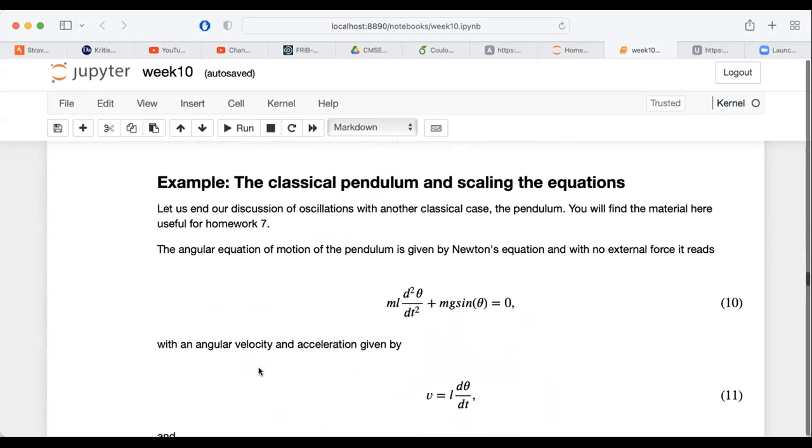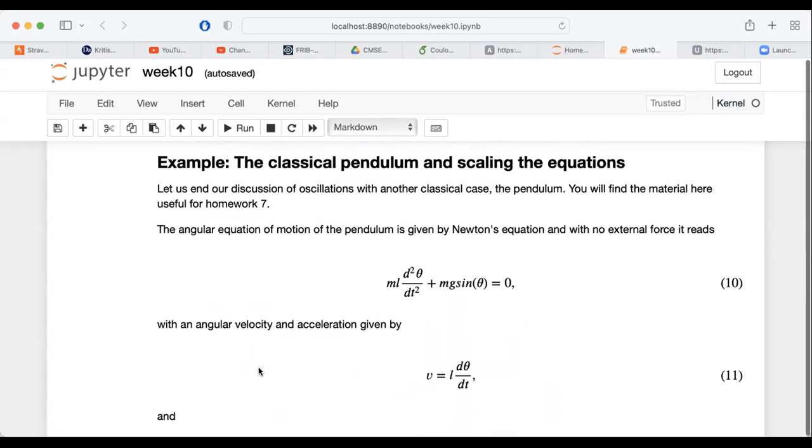Now, one of the things which I wanted to move to now, which is linked with homework 7, that means next week, is another example of harmonic oscillations. So the mathematical pendulum, as we derived, I think we did it 2 or 3 weeks before spring break, has, without any damping, a term which goes as a function of the angle.